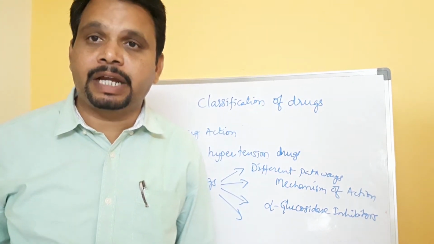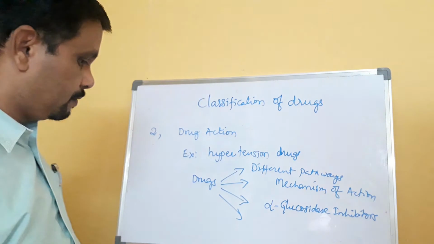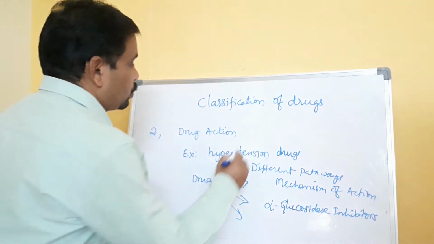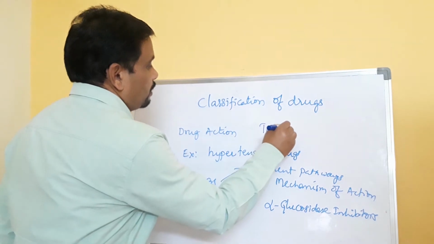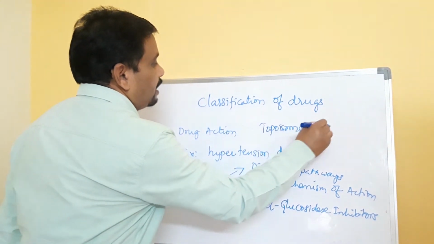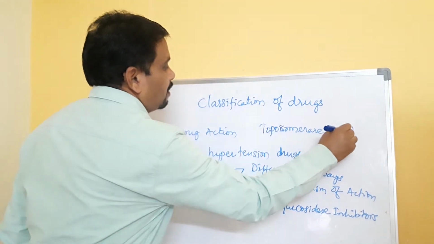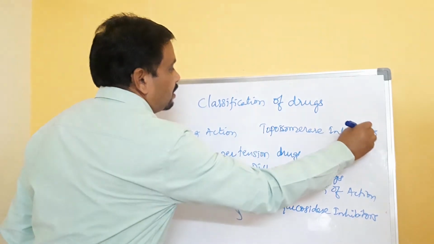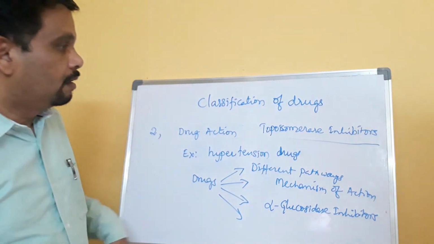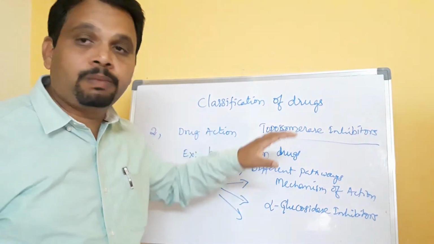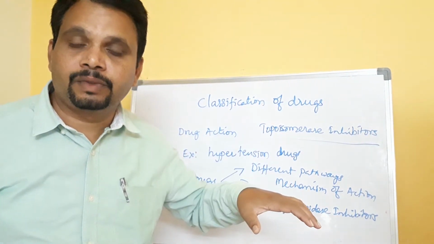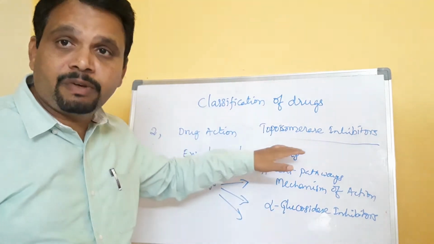Another example is topoisomerase inhibitors. These drugs inhibit the function of the topoisomerase enzyme, and that is the mechanism of action.